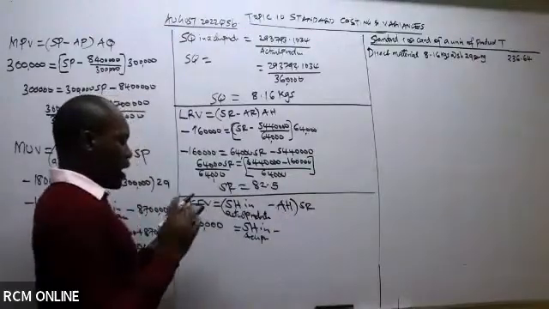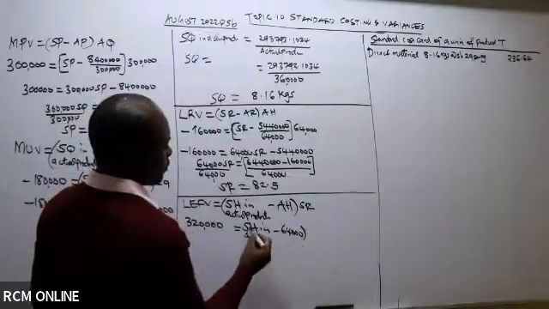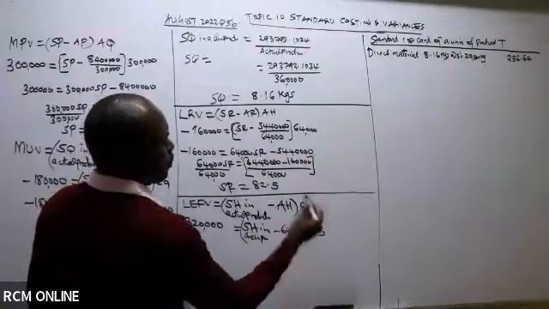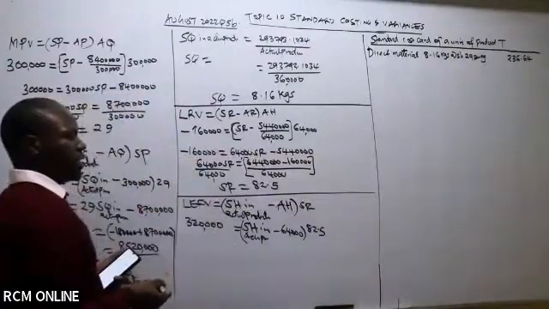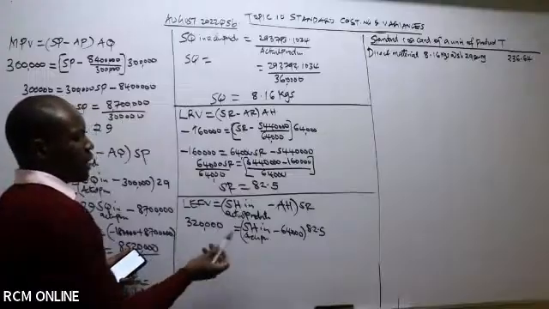Do we have actual labor hours? Yes, 64,000, in the bracket, times standard rate, which is 82.5. I want us to work this backwards and see what we're going to have. Can we break the bracket?